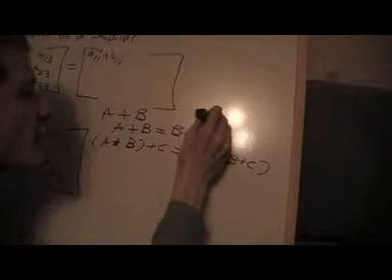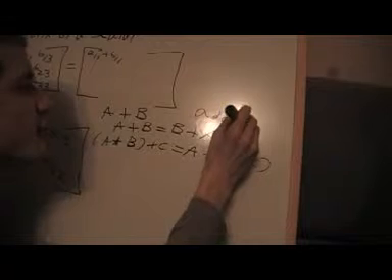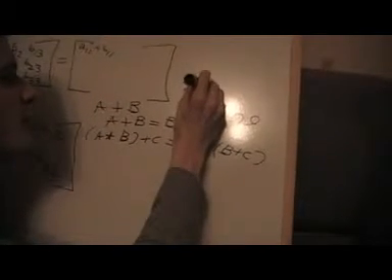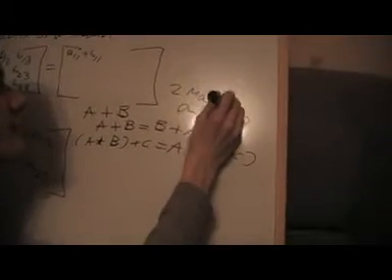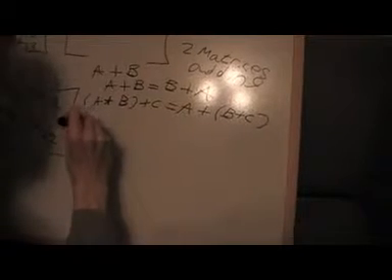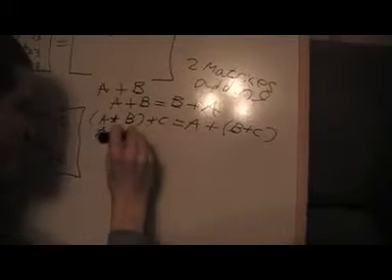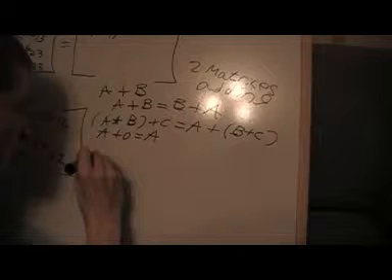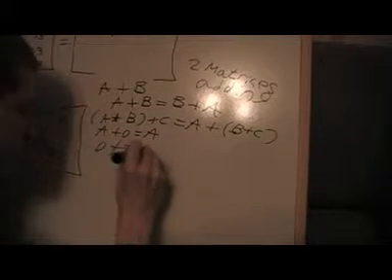That's another property, and this is for adding two matrices. Okay, and then another property would be that A plus 0 is equal to A, and 0 plus A is also equal to A.